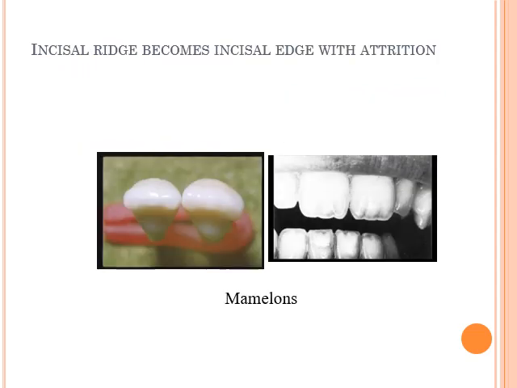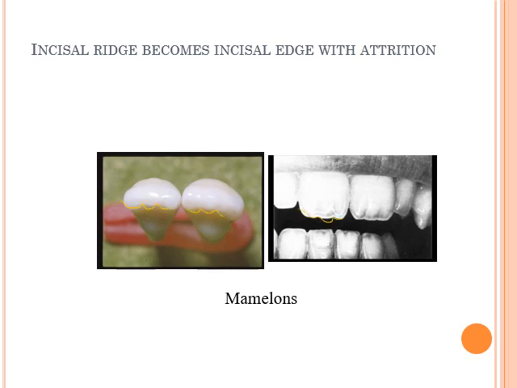We have some close-up views of the incisal edges of some anterior teeth here, and you can see that the incisal edges are more broad here. Usually when teeth first erupt, whether permanent or primary teeth, you will see that they have these features called mamelons on them, the little bumps that you see on these teeth.